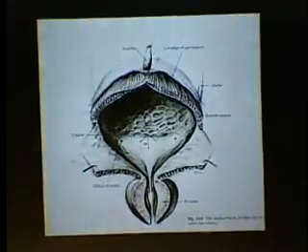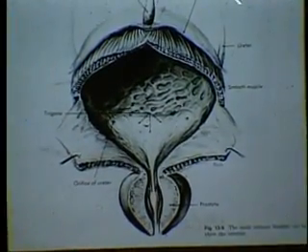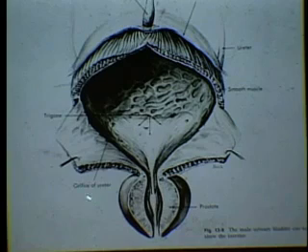In the next one, this now is the male bladder, and you can see the orifice or opening for the ureters, the trigone, the urethra, the prostate.